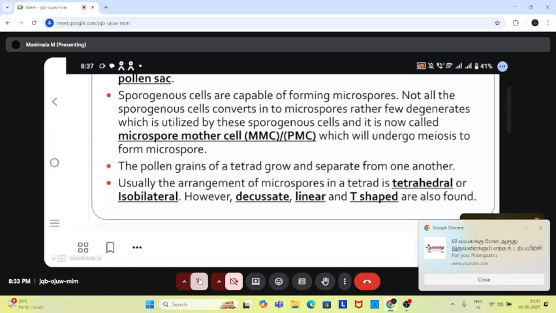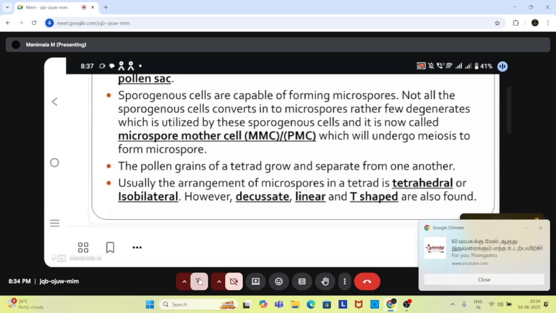You got it? So the sporogenous tissue undergoes division to form primary microspore cells, or microspore mother cells. That is, four haploid microspores will be formed.